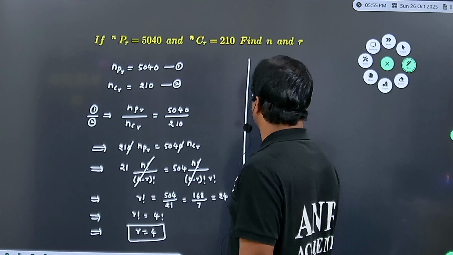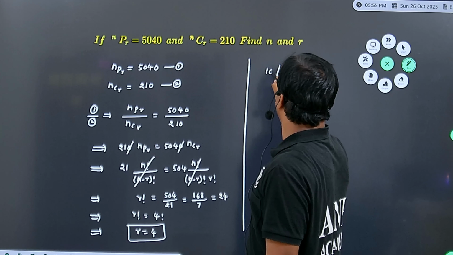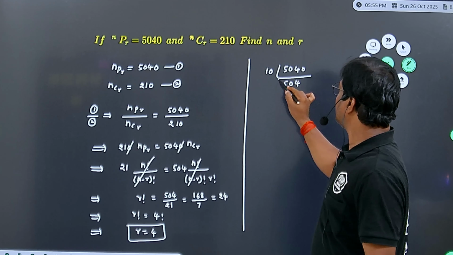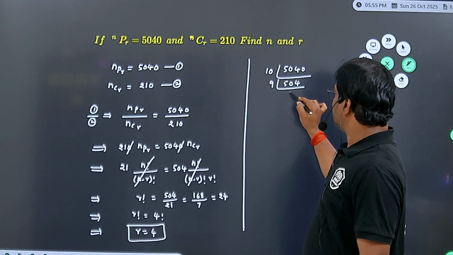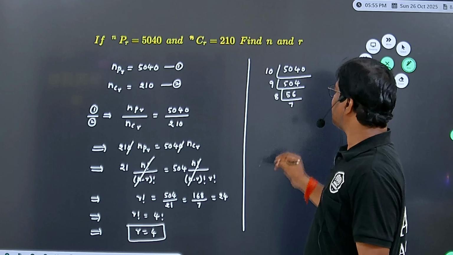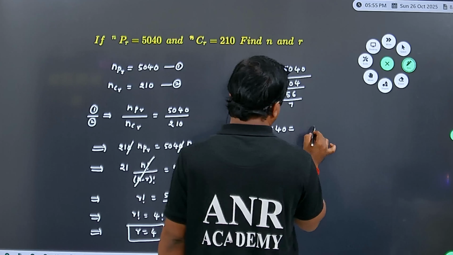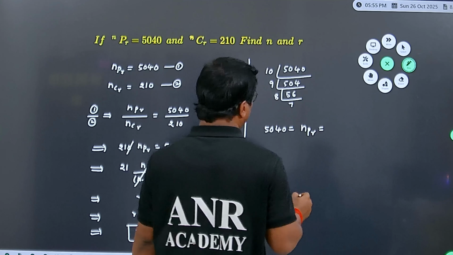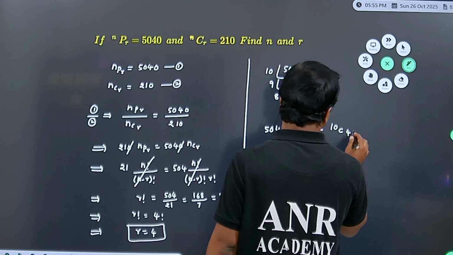5040 can be written as, if you divide with 10, it becomes 504. If you divide with 9, what happens? 56. Next 8 into 7. So 5040, given in the question as nPr, can be written as 10P4.